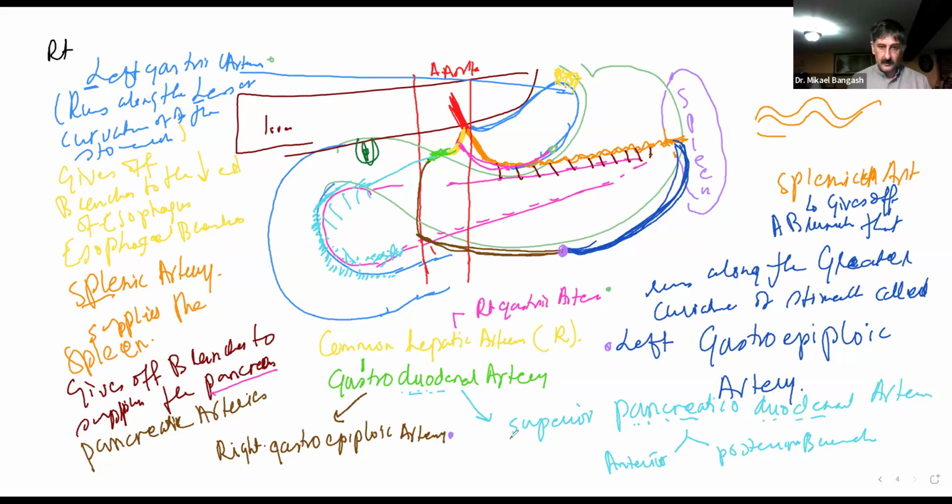Just think of it as, we have a superior pancreaticoduodenal artery. So you should be prepared that at some point there will be another artery called the inferior pancreaticoduodenal artery. But this one is mainly responsible for supplying blood to that first 2/3 of the pancreas. Oh, sorry, duodenum, which is part of your foregut. And it also supplies blood to the pancreas.